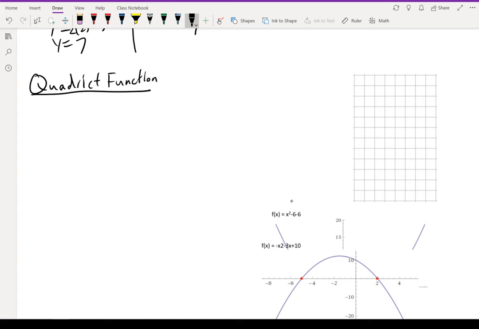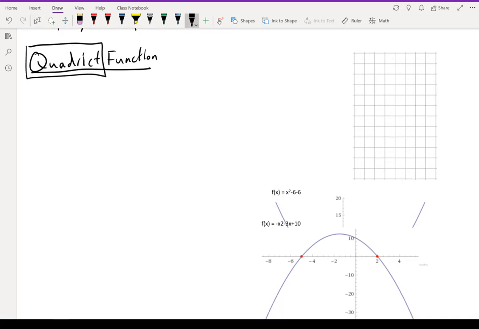In a quadratic function, the word quadratic means that our x must be in degree 2, which means that in our formula f of x, the highest exponent of x must be a square.